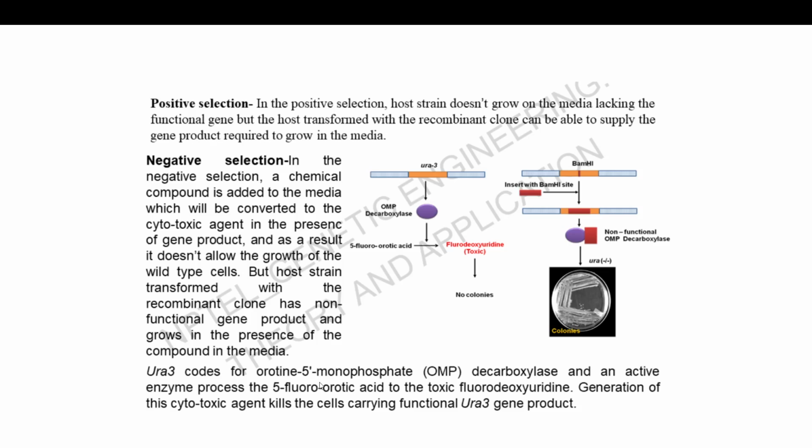Generation of this cytotoxic agent kills the cells carrying functional URA3 gene product. If there is an insertion, it will inactivate this functional decarboxylase and help the host cells to grow.